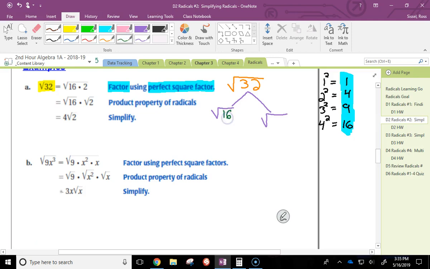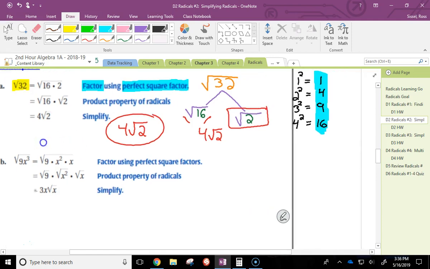So 16 times 2. And then we say, do I know the perfect square? Since I used the perfect square, we break this one down to 4. Square root of 2, I cannot factor that down anymore. That's a prime number. There's nothing else I can do to it. So it stays alone, and I just put it in my answer. My final answer is 4 times the square root of 2.